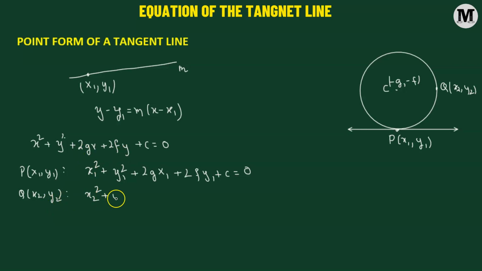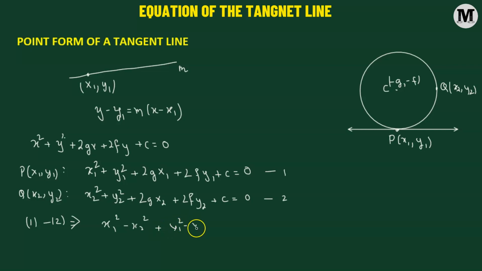So we have x2 squared plus y2 squared plus 2gx2 plus 2fy2 plus c equals 0. Let's label this as equation 1 and equation 2. What we'll do now, we'll subtract equation 2 from equation 1. That's going to give us x1 squared minus x2 squared plus y1 squared minus y2 squared plus 2g multiplied by (x1 minus x2) plus 2f multiplied by (y1 minus y2) equals 0.